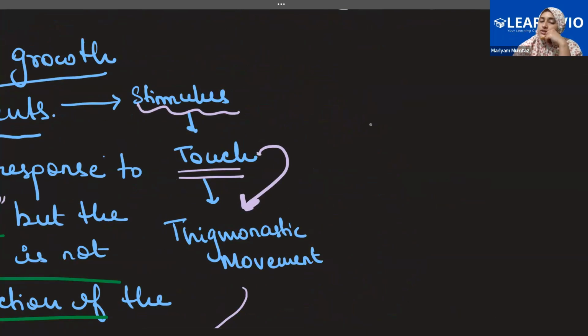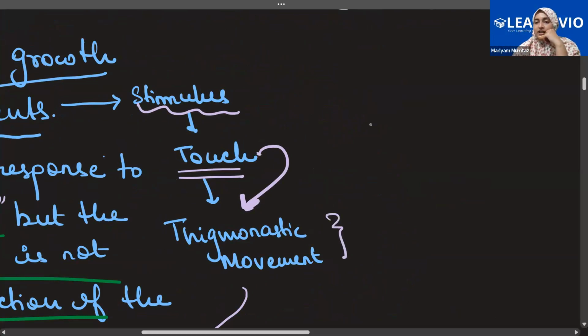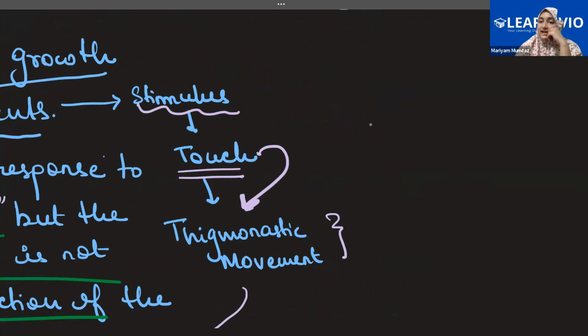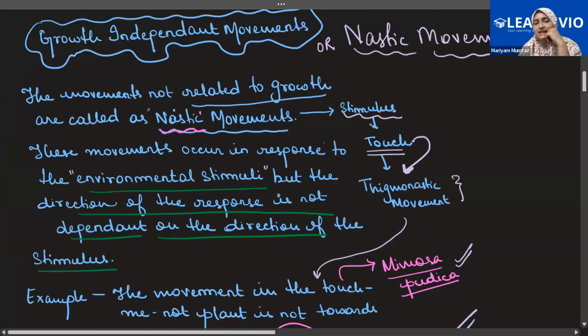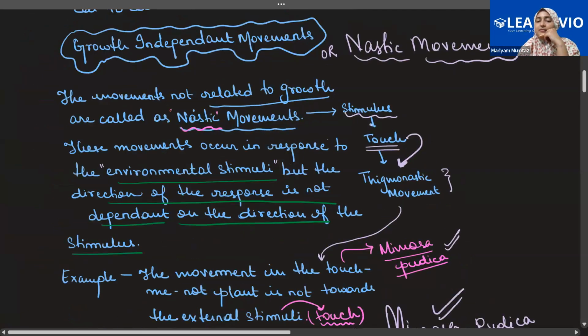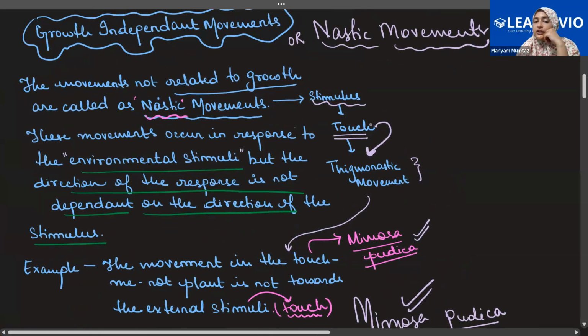So all those nastic movements that you can see with the help of a stimulus that is touch, that is thigmonastic movement. Clear to you all? Not thigmonasty, it is thigmonastic movement. This phenomenon is also thigmonasty, but because we're talking about the movement of the plant that is happening, we say thigmonastic movement.